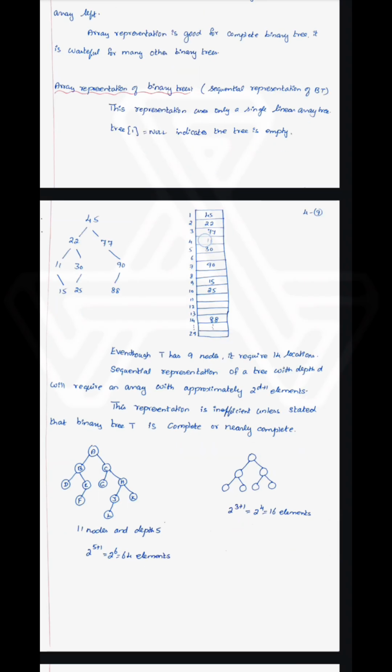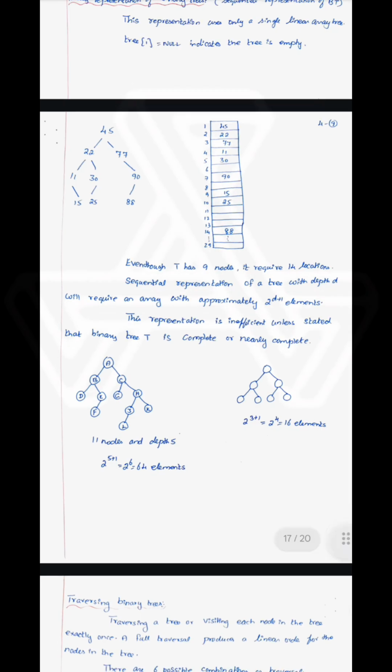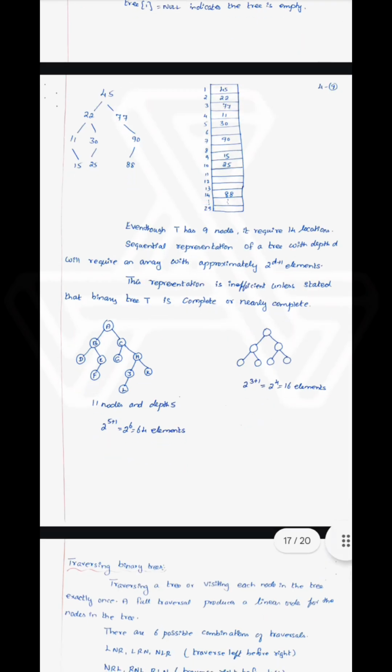Even though T has 9 nodes, it requires 14 locations. Sequential representation of a tree with depth d will require an array with approximately 2 power d plus 1 elements. This representation is inefficient unless the binary tree T is complete or nearly complete.